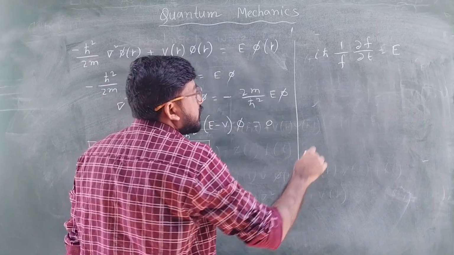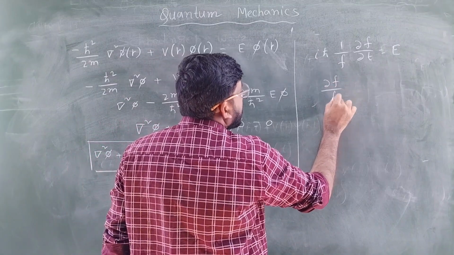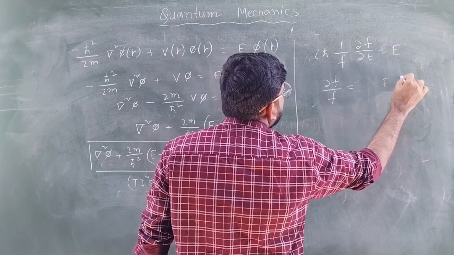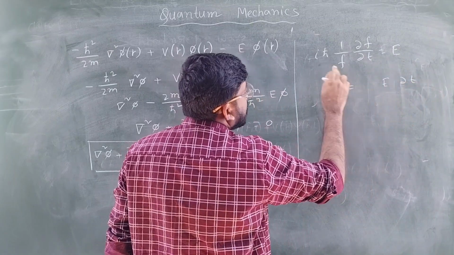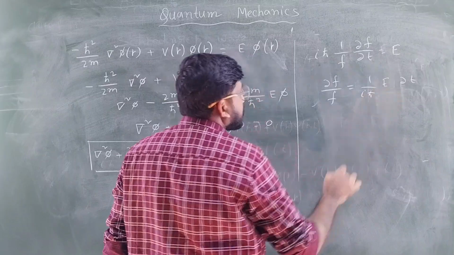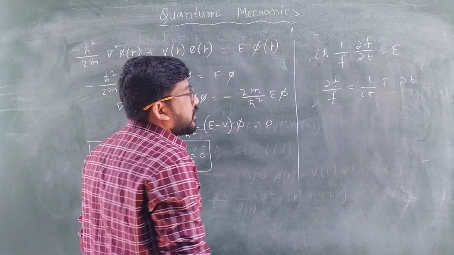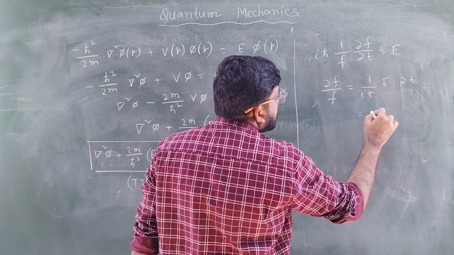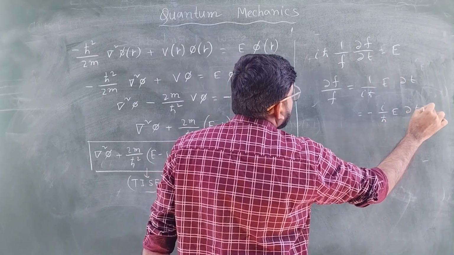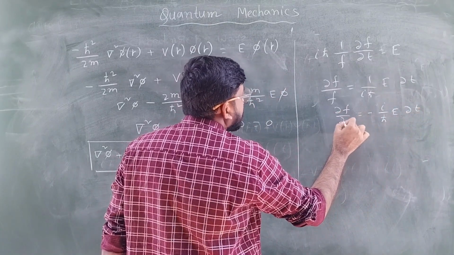Now from here you can write ∂f upon f is equal to E into ∂t, but if you take this iħ to the right hand side, it will be 1 by iħ. If you multiply with i, you can write this is minus i upon ħ into E into ∂t, and this is ∂f upon f.